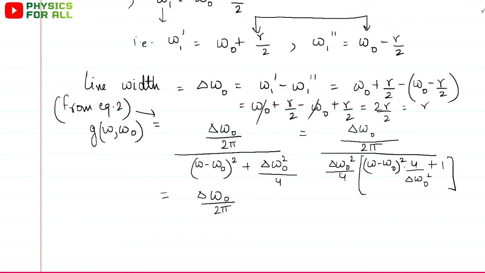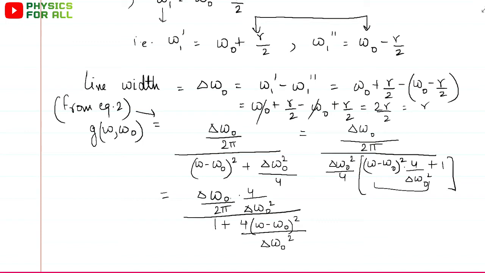This is in the denominator. So that would be 4 upon delta omega naught square, and this I will write as 1 plus 4 omega minus omega naught square upon delta omega naught square.